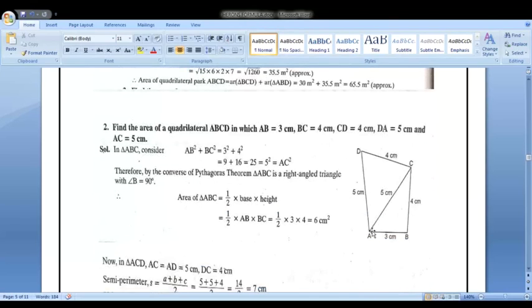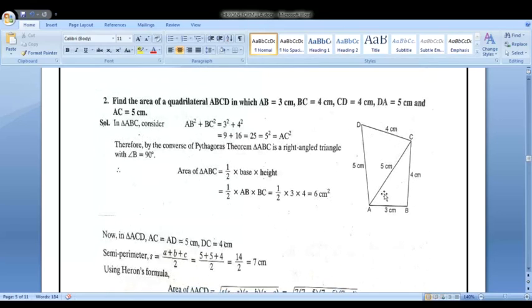But here, when he has given the measurement, you can go one step beyond and check whether Pythagoras theorem is satisfied or not. If it is satisfied, that particular triangle will be acting as a right angle triangle. Again, I'm telling you there is no compulsion that you should use Pythagoras theorem only. As all three sides are known to you, simply use Heron's formula and get your answer.